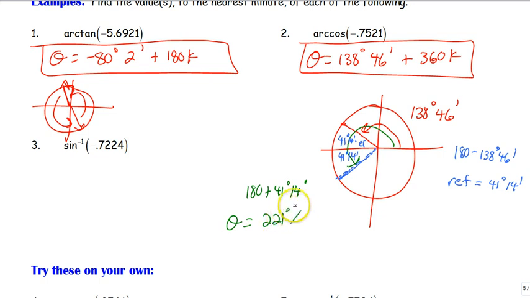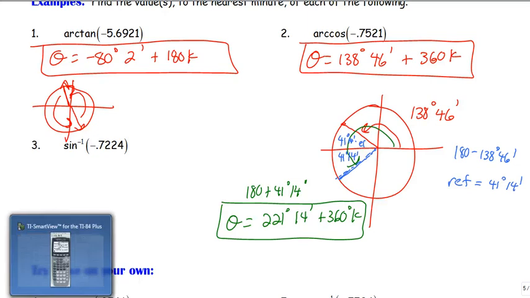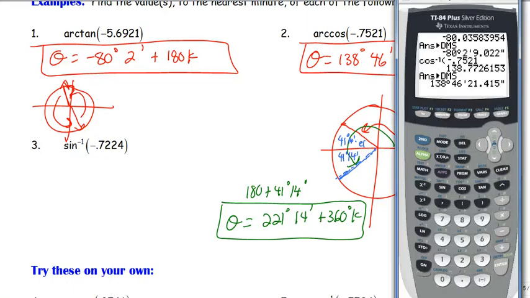My calculator's slowing down on me. Plus 360 degrees k. So that's the other solution with multiple solutions. Okay, that goes around. Now, let's do the last one together too. And then I want you guys to try these, and we're going to go over them in class.